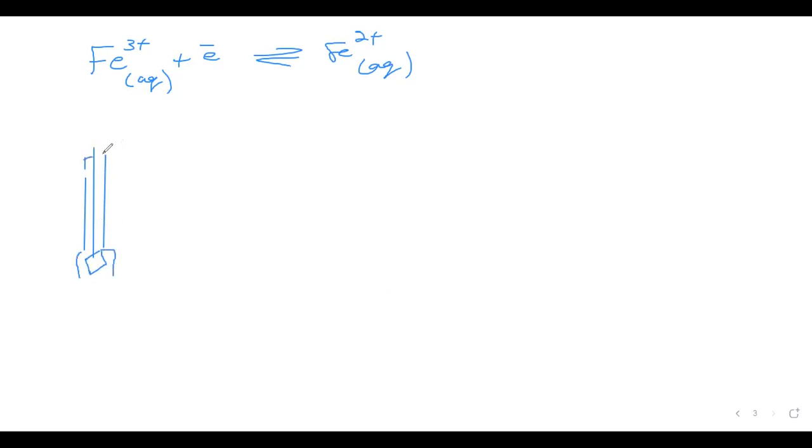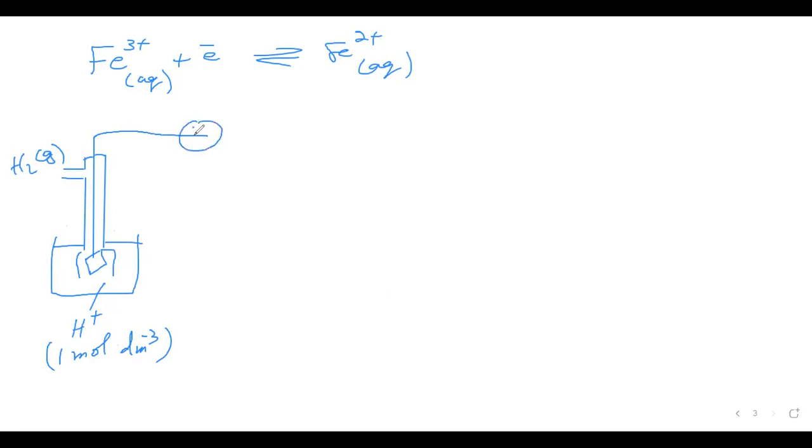So we pass, as we said before, the hydrogen gas at 1 atmosphere or 100 kilopascal. We pass it through a solution of hydrogen ions at 1 mole per decimeter cube.